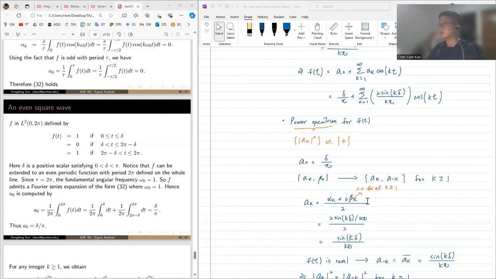And similar to the previous example, let's draw the power spectrum for the function first. And just as a reminder, the power spectrum will be the graph that shows the square of the absolute value of ak versus k.